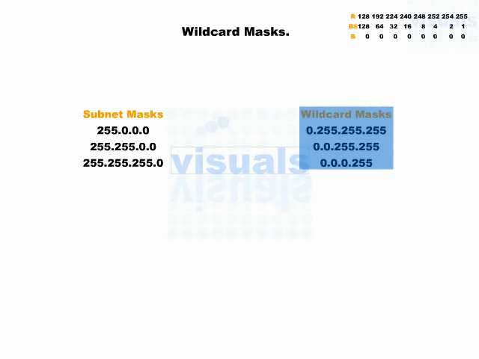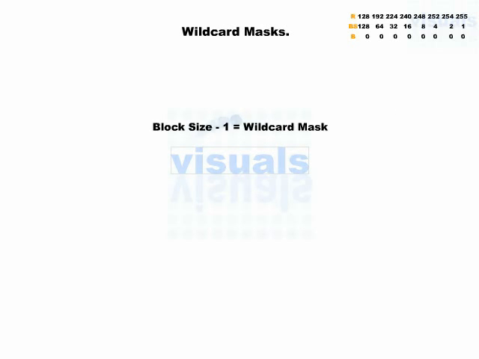You can see how it is written, and we are going to look at some examples where we can easily compute the wildcard mask of any subnet mask. We have gone through some examples, and at this stage we are very comfortable with IP addressing.